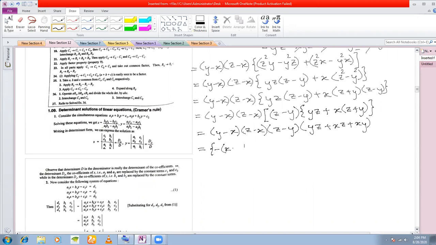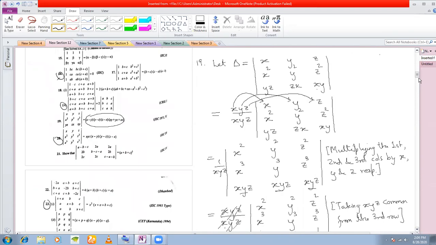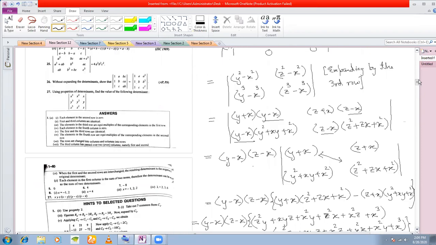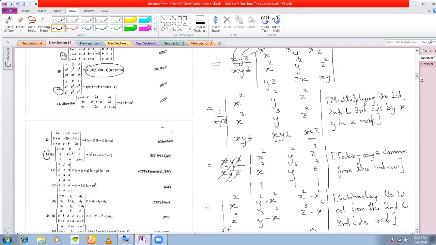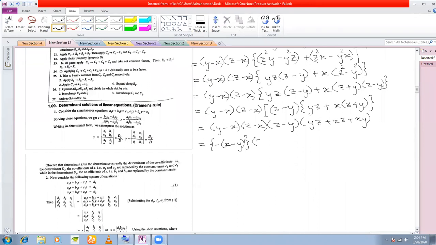You can write y minus x as minus x minus y. Okay. And what else is here? x minus y. Then you have a y minus z. And you have z minus x, so z minus x you write as it is. And from here you write this as minus of y.